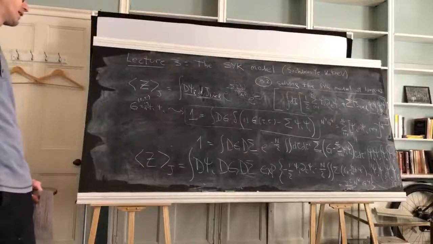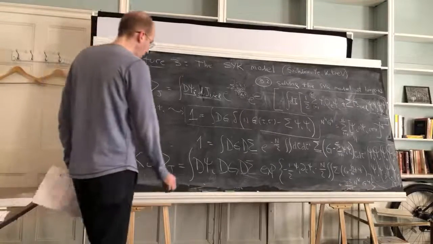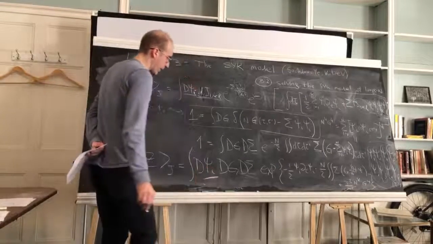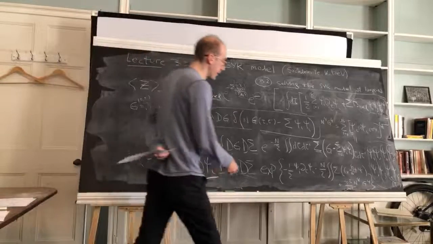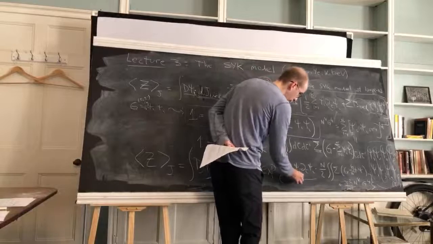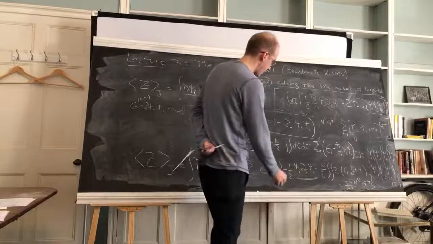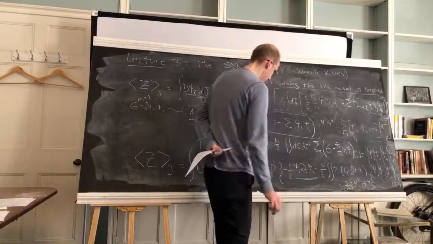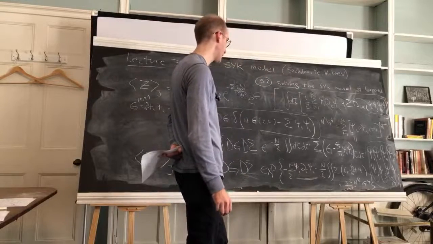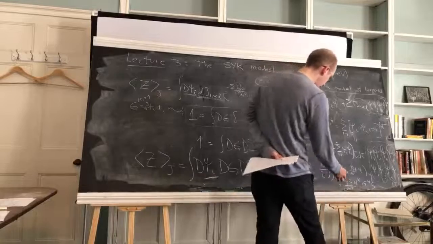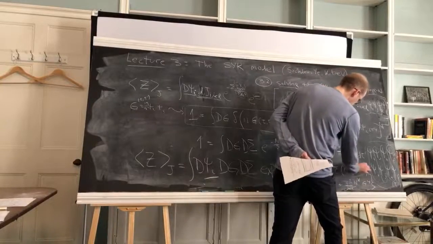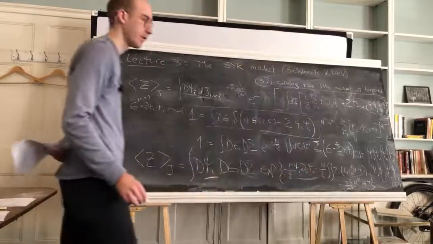Okay, and now written in this way, if we look at our psi dependence over here, now we have a term here that is quadratic in the fermions. Here there's also one sum over the i's. So I have this term that is quadratic in the fermions, and there's another term over here that is also quadratic in the fermions.